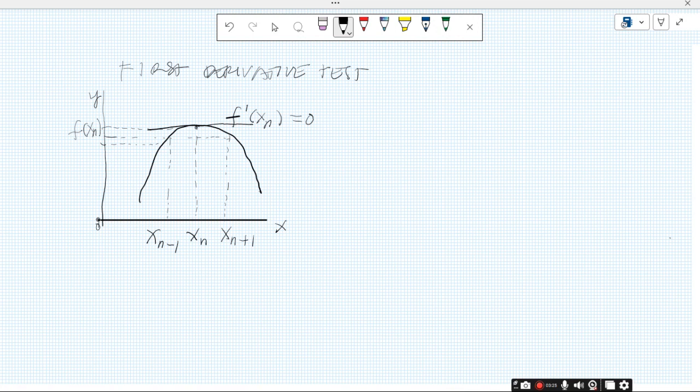Let me assign this as f of xn minus 1, and there is a corresponding tangent line here. The slope of that, or the value of the derivative, is greater than 0. So here the profile of the curve is increasing.